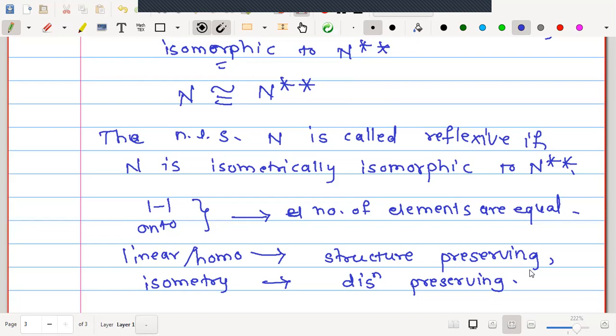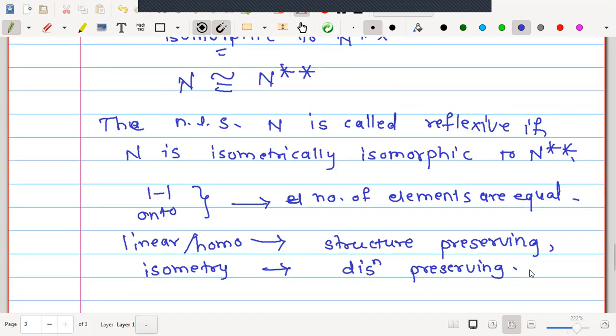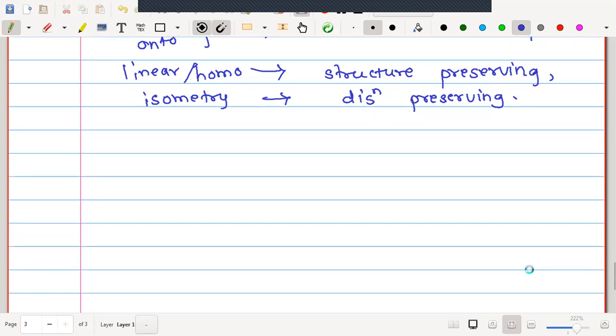Let me recall what isomorphic means, which we have discussed in some of the lectures already. Suppose we have a set of numbers, say 1, 2, up to 10. These are the numerals written in English.